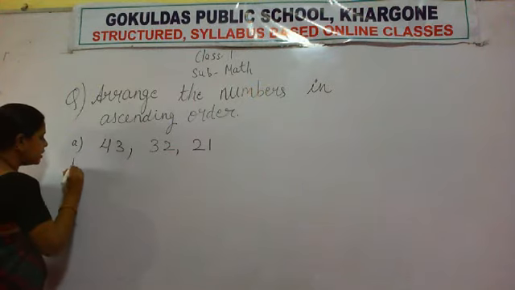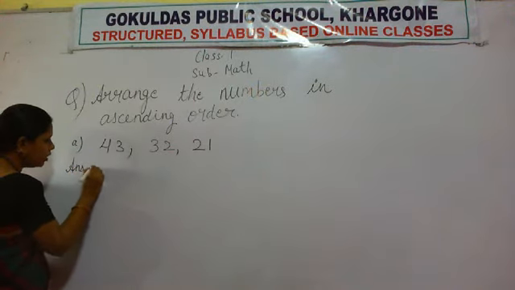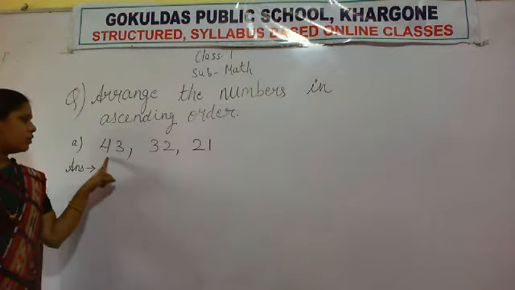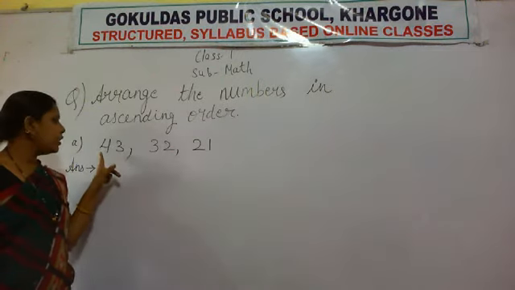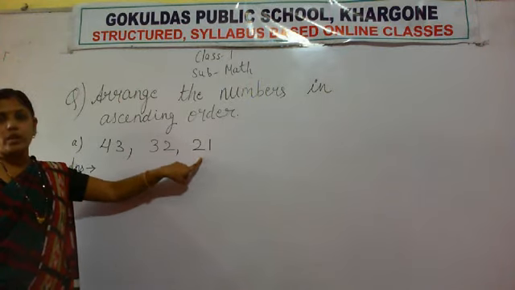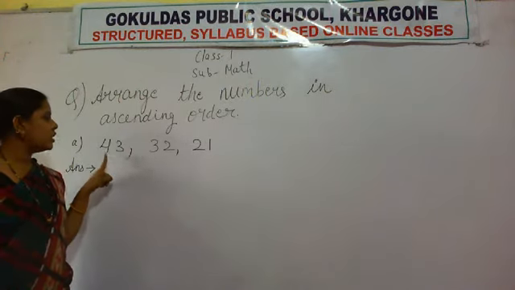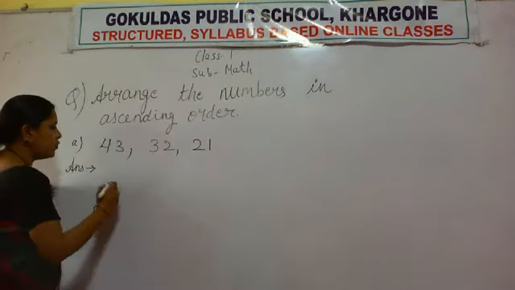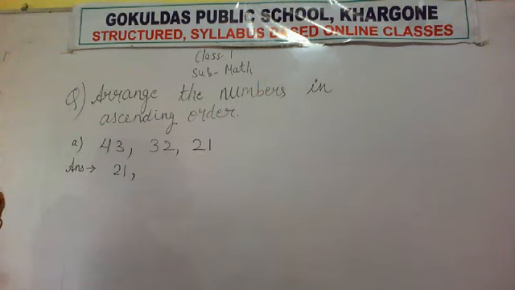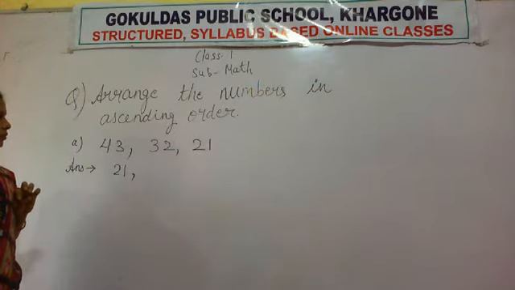So write here answer. First identify the smallest number. What is the smallest number between 43, 32 and 21? The smallest number is 21. So first write 21.